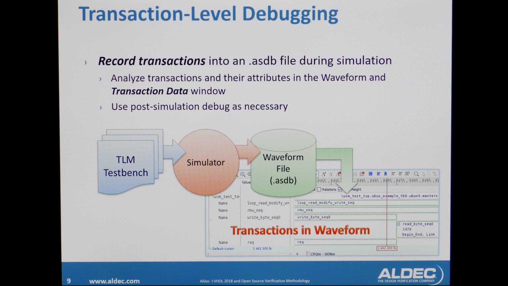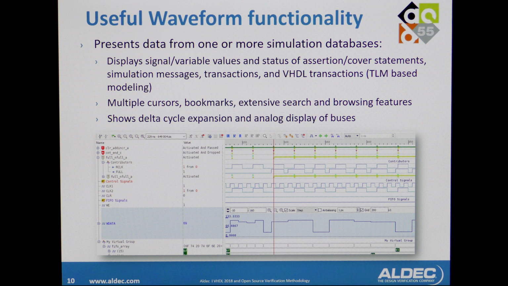Riviera-PRO also helps in transaction level debugging. Recorded transactions are dumped into an ASDB file during simulation and may be analyzed during simulation and in post-simulation debug if it is necessary. Riviera-PRO also contains useful waveform functionality for VHDL.